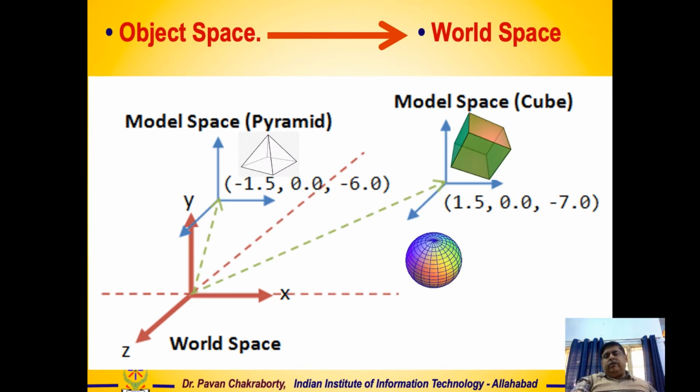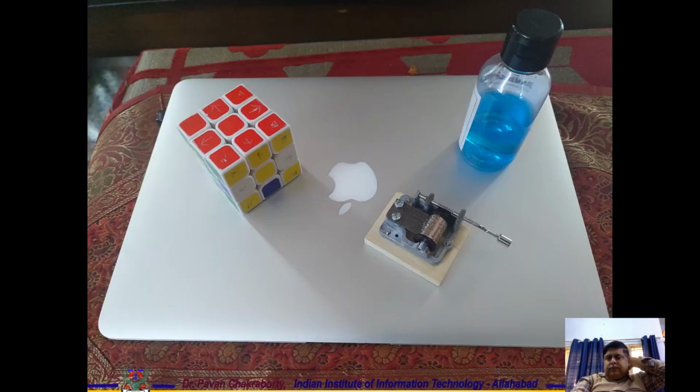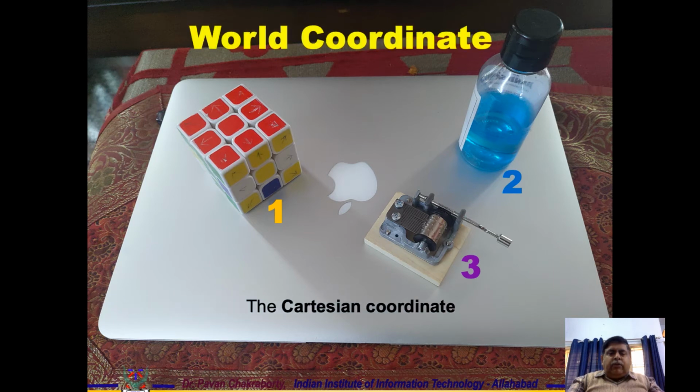right here, I've got the world space, and after you move into the world space, these are different objects. Here you see there is a bottle of sanitizer, there is a crank which can make music, and there is a Rubik's cube. I have placed them on my domain, which is the surface of my laptop. Now, if this is my domain, I can define the objects 1, 2, and 3, and I can determine the coordinate systems.